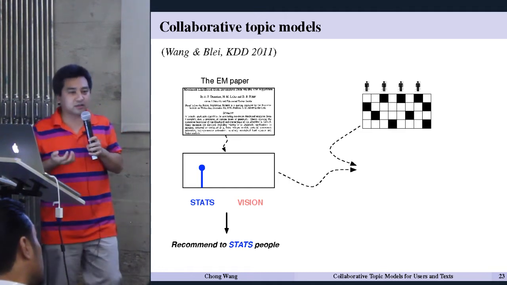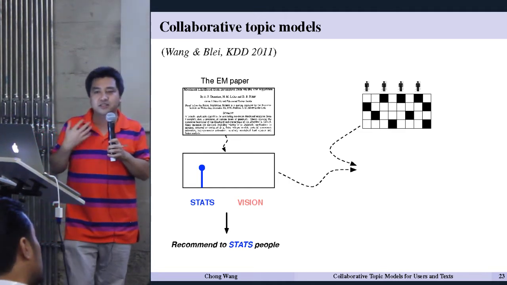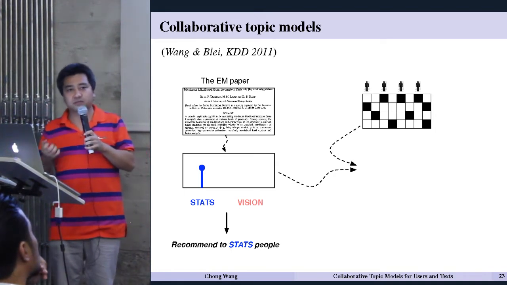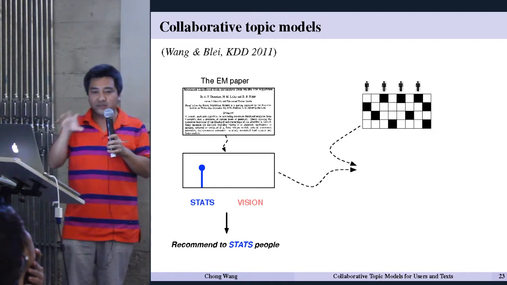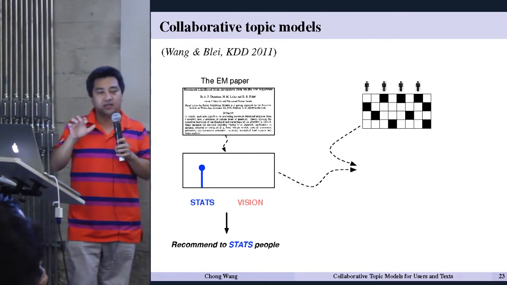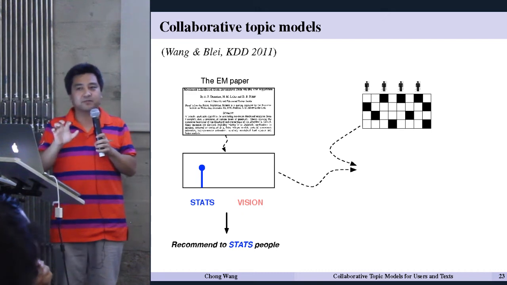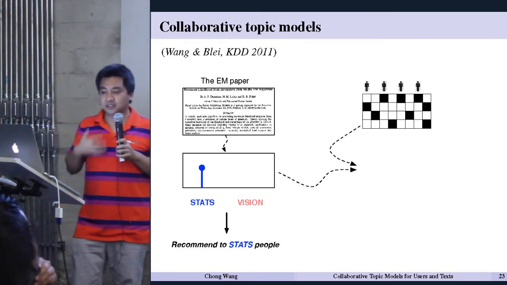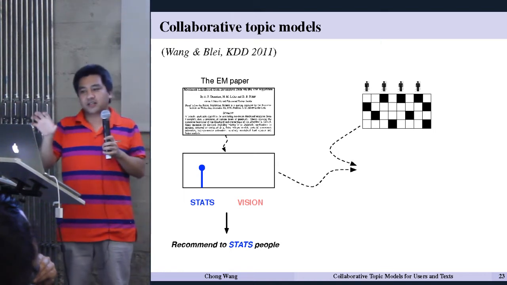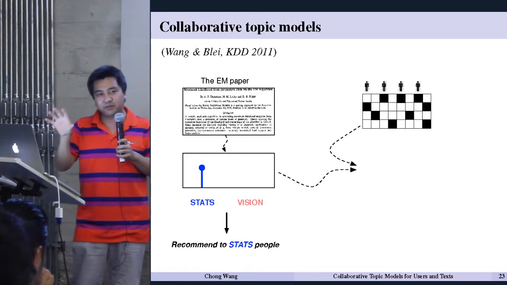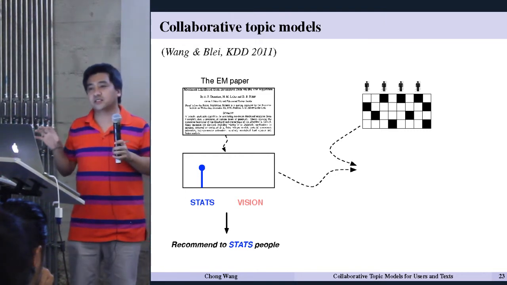Although this paper is not about computer vision, when we consider doing some recommendations, we should recommend this paper to computer vision people because the technique presented in this paper is useful in that area. But that doesn't mean all statistical papers are important to vision people, because maybe there's another statistical paper that uses similar words as this paper, but the idea presented in that paper is not really generalizable.